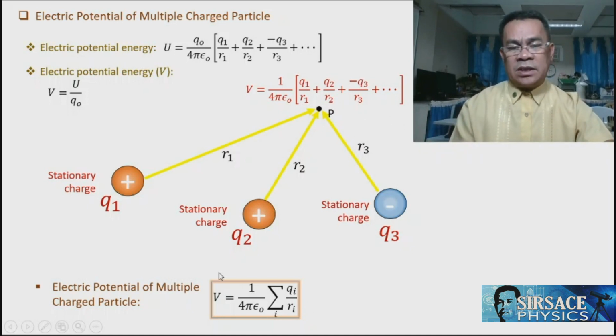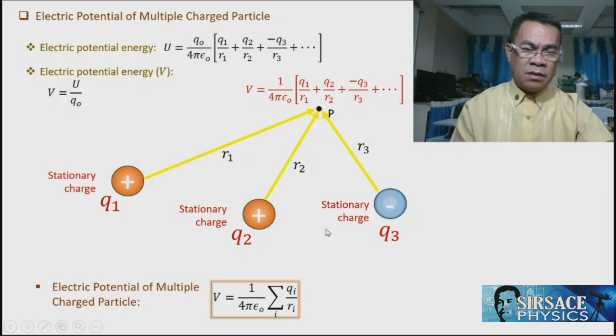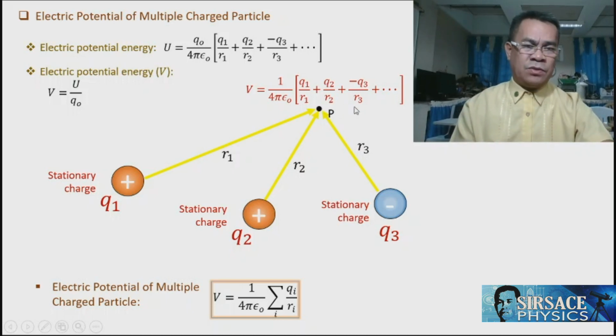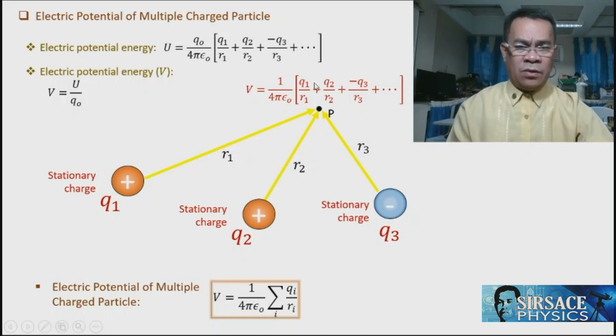This is the ideal way of presenting the multiple charge particle. Why? Because if there are 100 charges, and you need to know the potential at that point, and you have to provide the solution or the formula, how will you present it?